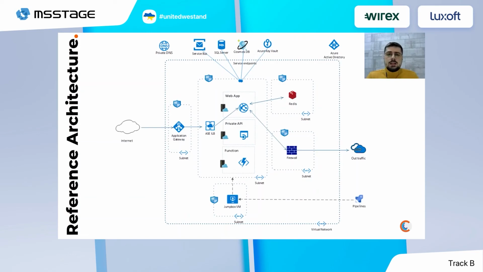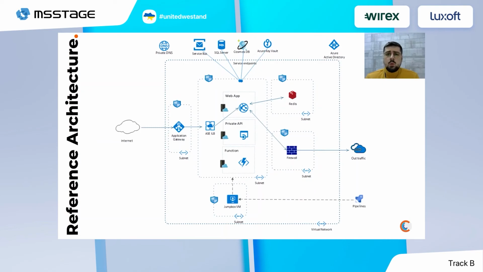An internal ASE is deployed in the enterprise virtual network, hidden from the public internet. It allows enterprises to lock down their backend services such as web APIs and functions at the network level.